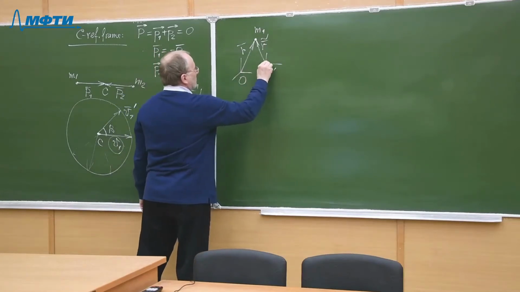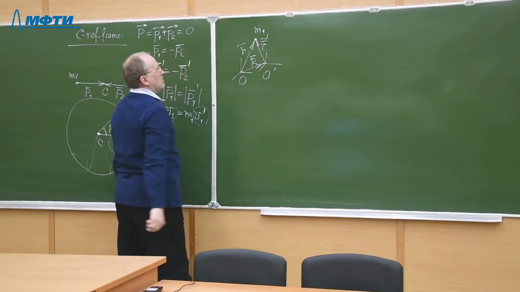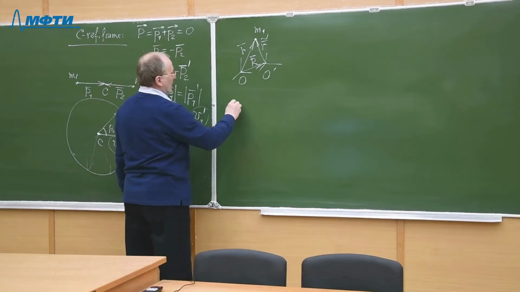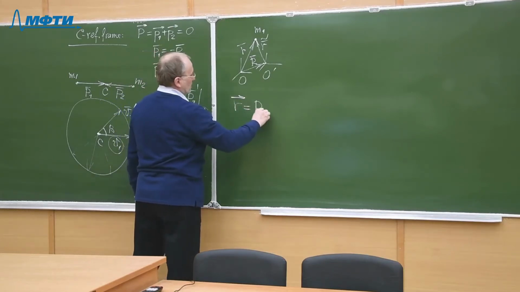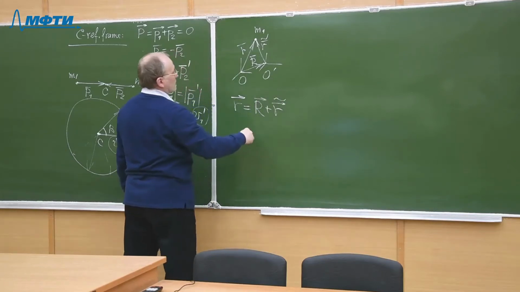And the second reference frame is characterized by radius vector capital R with respect to the first reference frame. Then, from this triangle of vectors, we may derive that r equals capital R plus small r tilde, that is in a different reference frame.